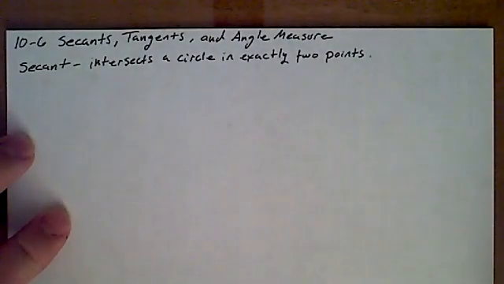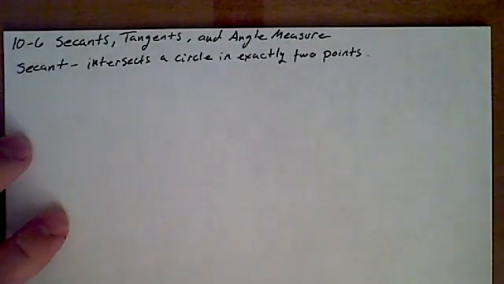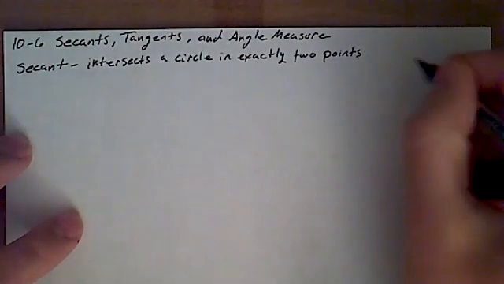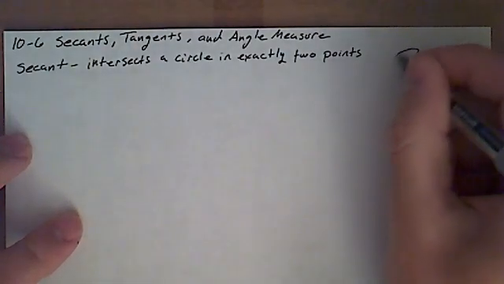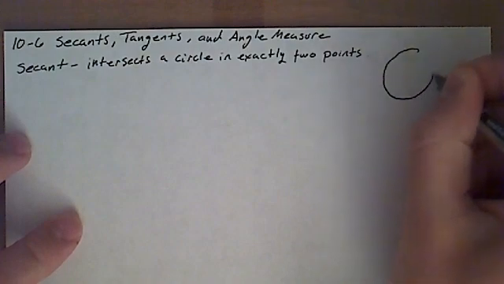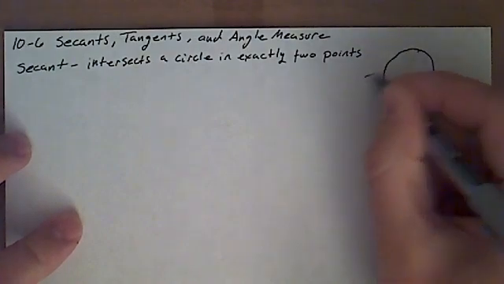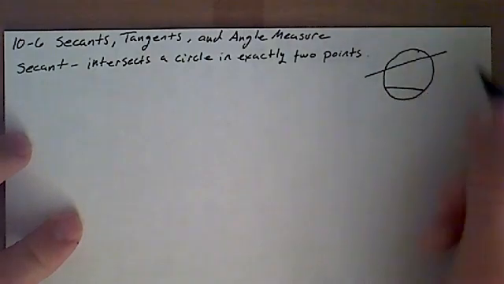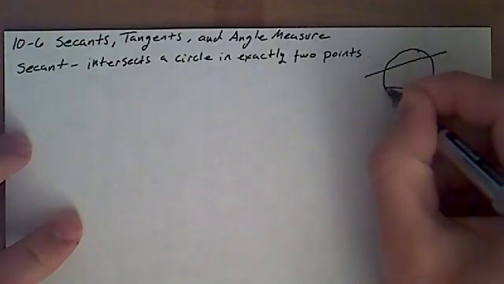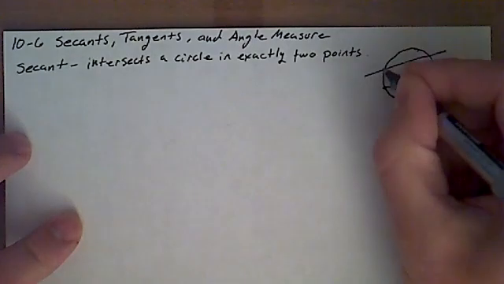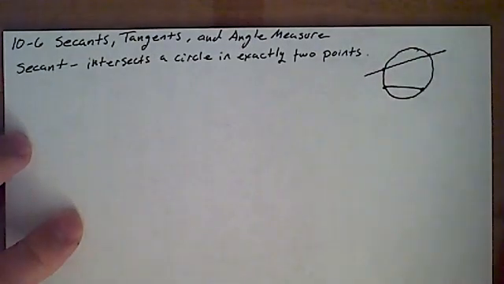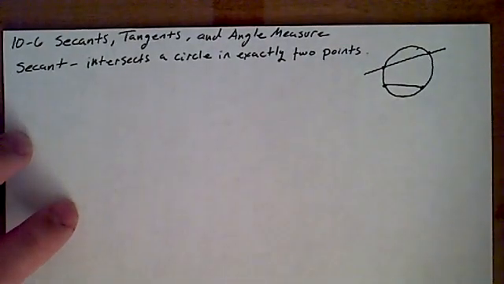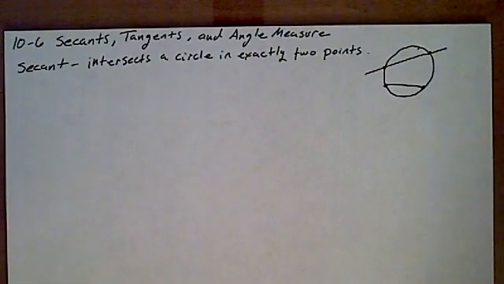Right, so it intersects a circle in exactly 2 points. If you want a little diagram of this, it could be something like this. Again, or we could be talking about just a chord. So 2 spots or 2 spots. This is different than tangent because tangent intersects a circle at exactly 1 spot, right?